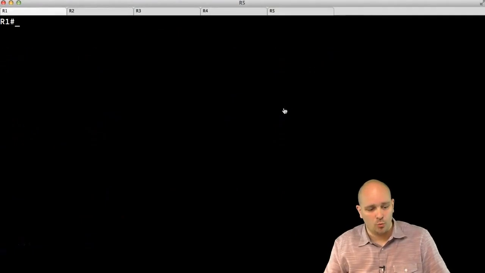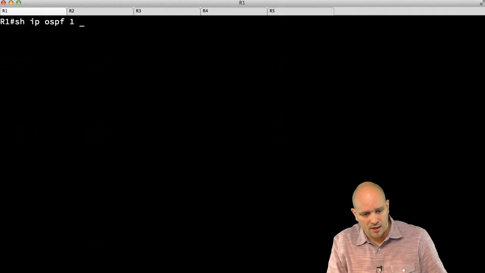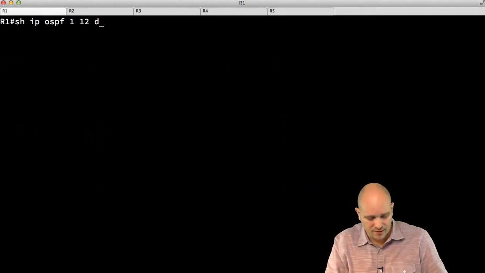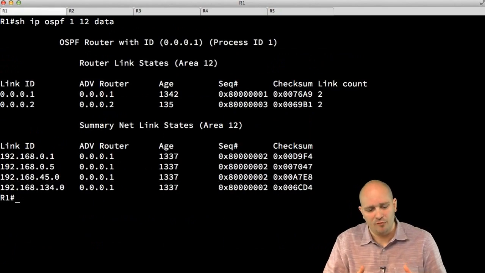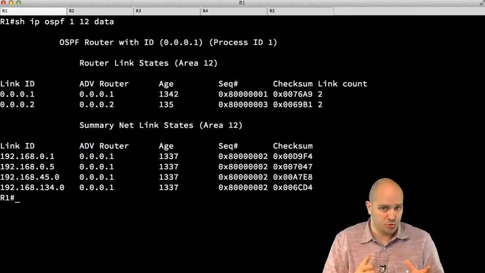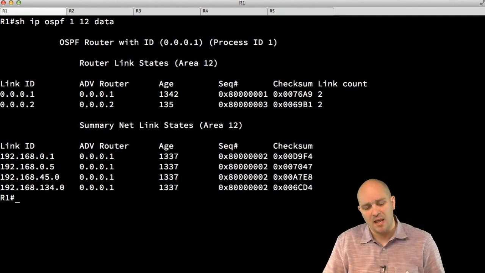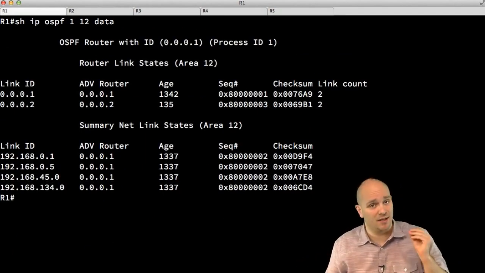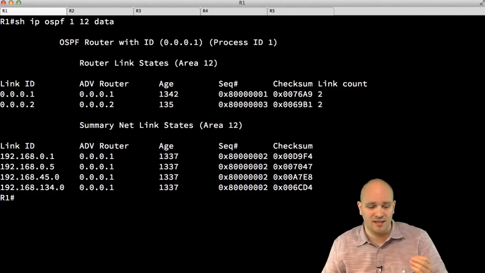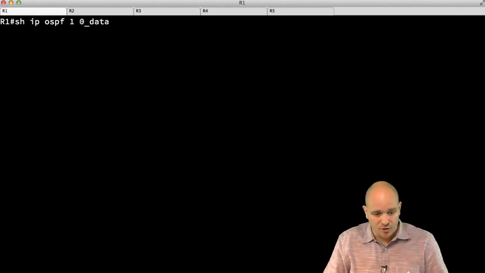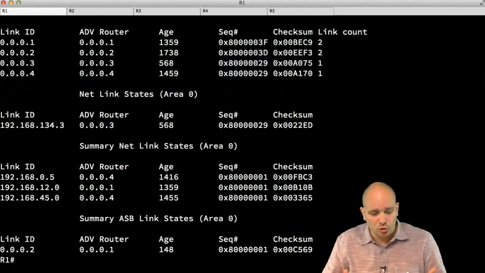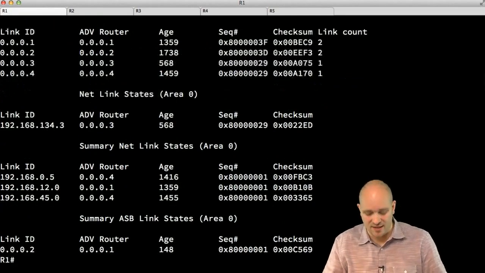So if I go to R1 here, if I do show IP OSPF 1 and 12 database, in the database for area 12, I am not going to be able to see my type 5 LSA. Remember, type 5 LSAs are global for the entire domain. They do not belong to any specific area. So if I take a look at the area 12 database or area 0 database, I am not going to see any type 5 LSAs.